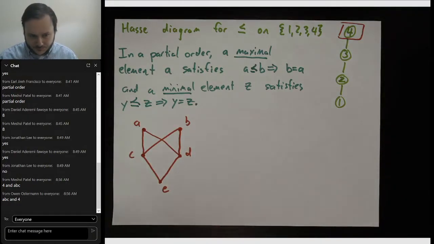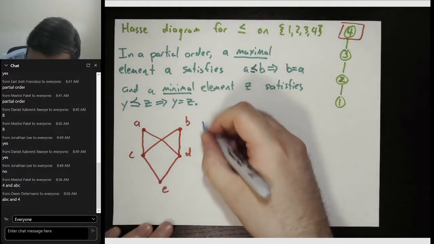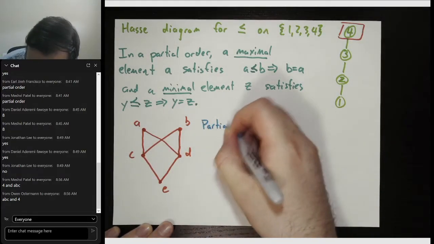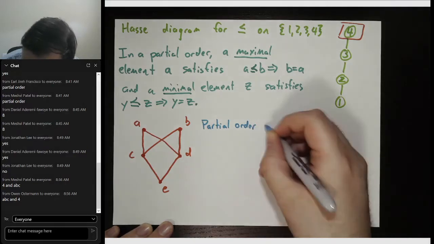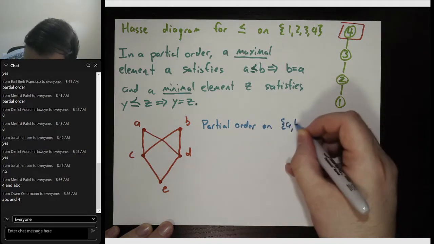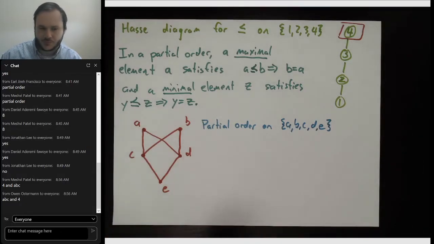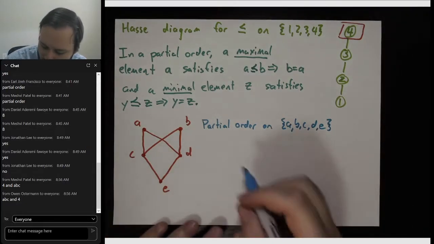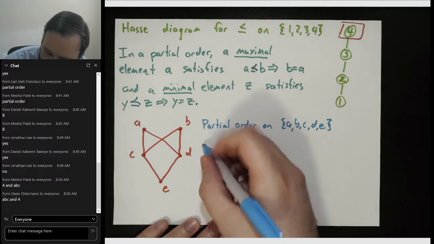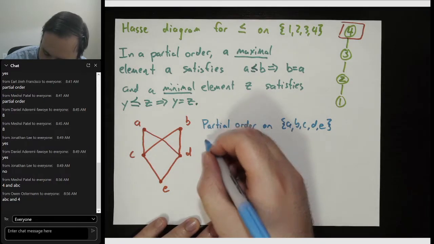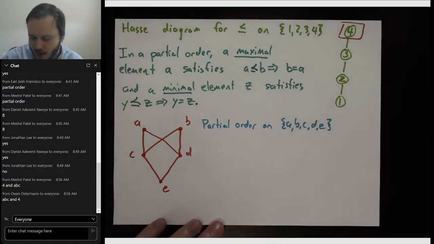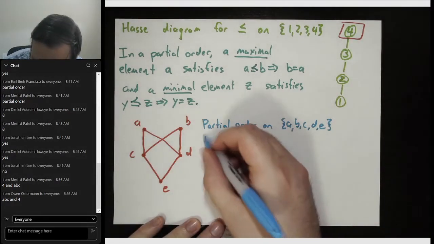Okay. So let me ask you some questions. So this is a partial order on the set A, B, C, D, E. All right, so does this partial order have any minimal elements?